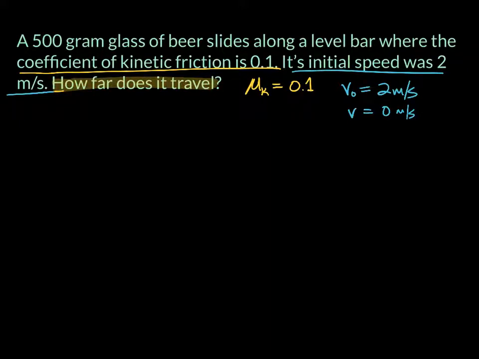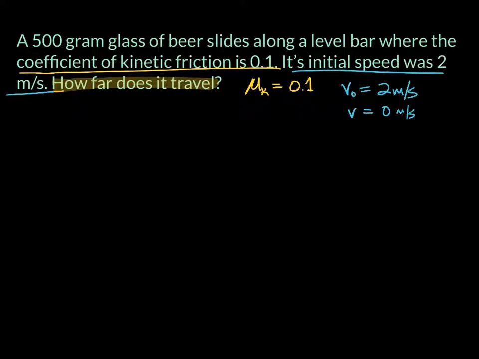So if we use energy, which is the goal here, because we're talking about the work-mechanical energy theorem, we want to take the easy way out. So let's take a swing at this.